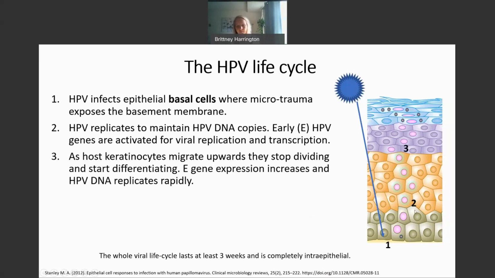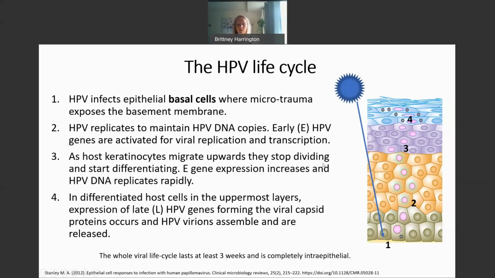And as the infected cell is moving through the epithelial layers up towards the surface, this is when those host cells will stop dividing and start differentiating. And this is when the HPV DNA is able to really replicate its numbers and prepare for further infection.